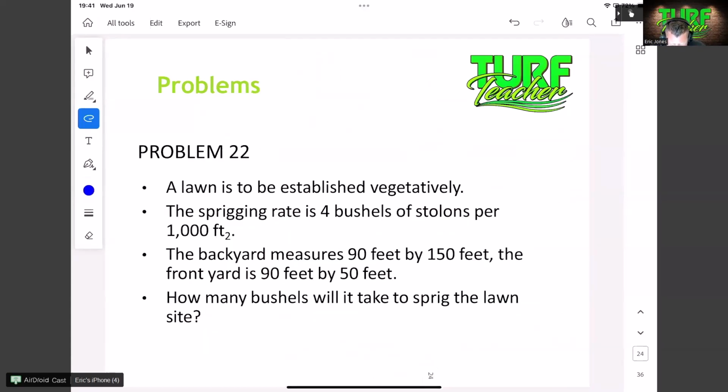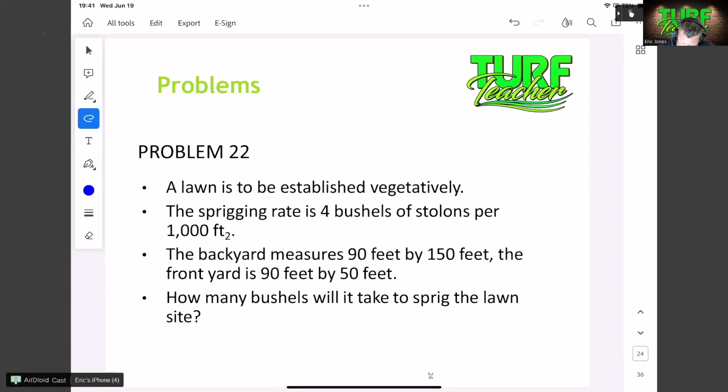Next problem. A lawn is to be established vegetatively. The sprigging rate is 4 bushels of stolons per 1,000 square feet. Backyard is 90 by 150 feet. The front yard is 90 by 50. How many bushels will it take to sprig the lawn?